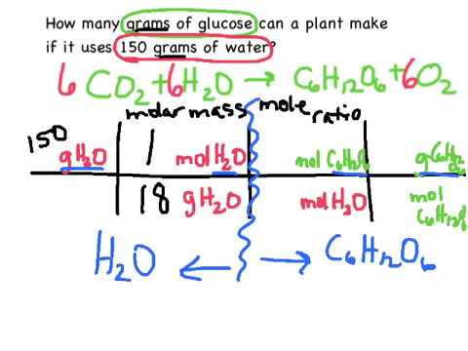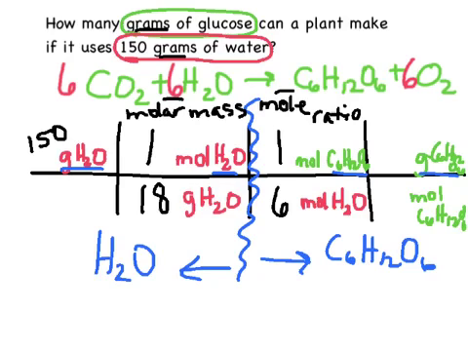What's the coefficient for C6H12O6? It's 1, so the 1 goes right there. What's the coefficient for water? 6. Okay, 6 goes on the bottom with our moles of water. Breathe. You can do it. Everybody with me so far?